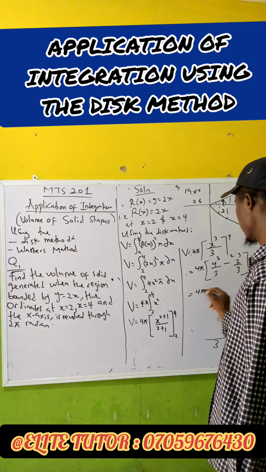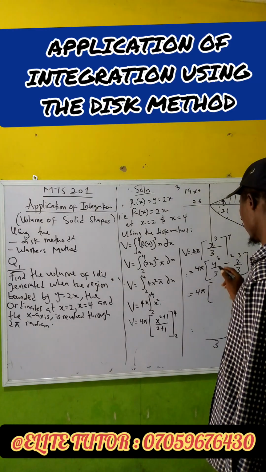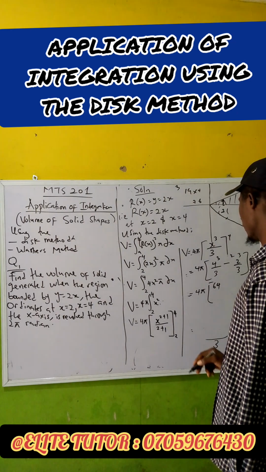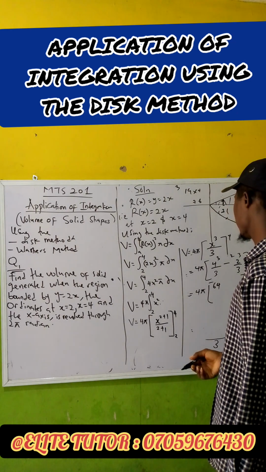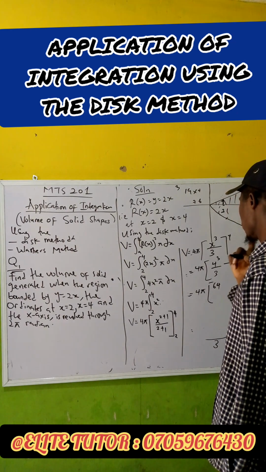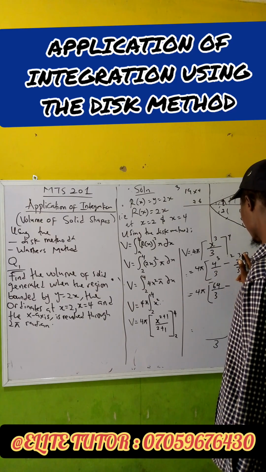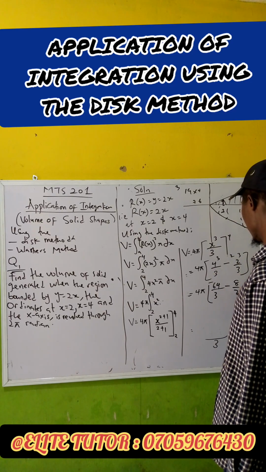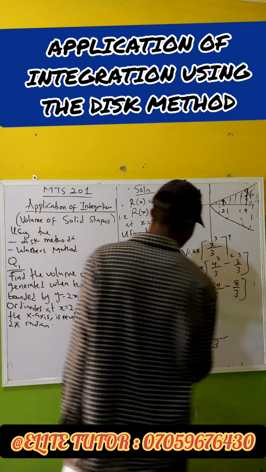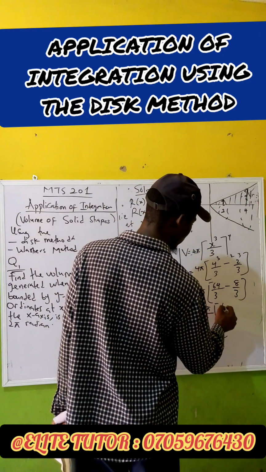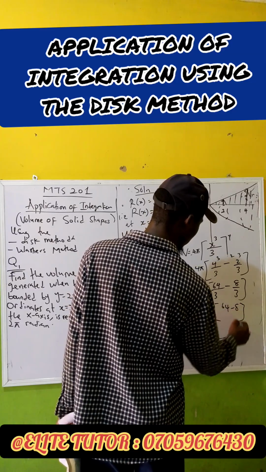That will be 4 pi into 64 over 3 minus 8 over 3. No stress. So now 4 pi over 3 into 64 minus 8.